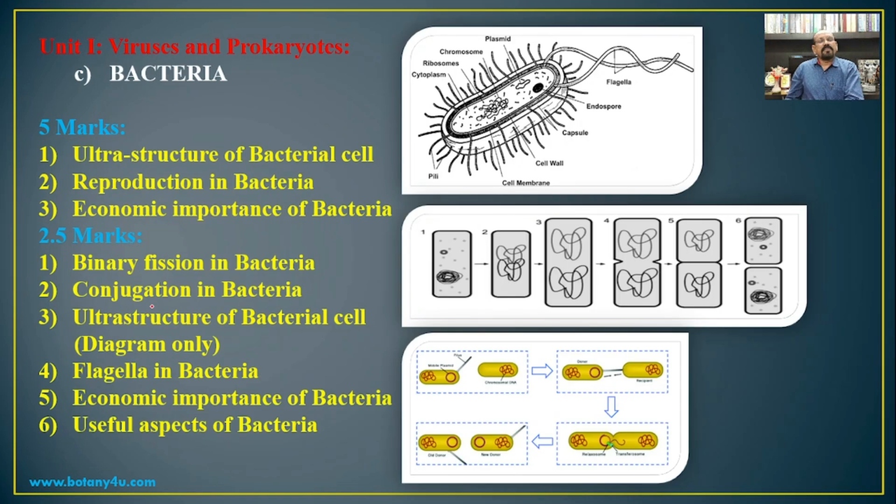The third topic in this unit is the bacteria. In bacteria, there is a question on the ultrastructure of the bacterial cell. Here you can draw a figure which shows the flagella, the cell wall, cell membrane, plasmid, chromosomes, ribosomes, then cytoplasm, pili and the flagella.